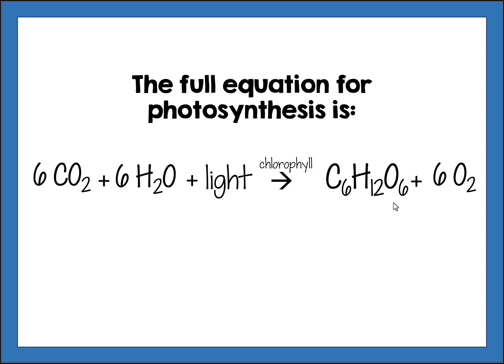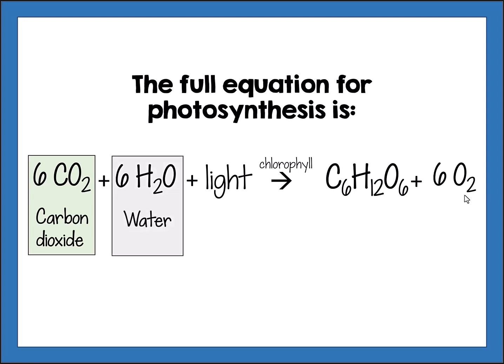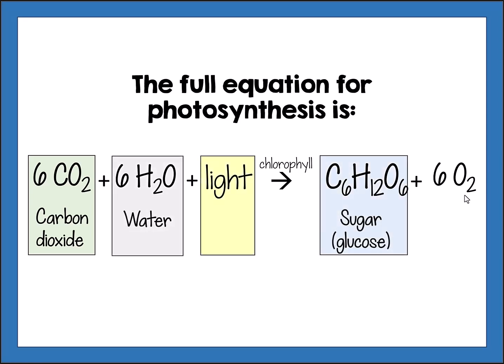This is the food molecule that's storing the light energy, basically, as chemical energy. So this is the energy storage food molecule for the plant cells. And then oxygen, 6 molecules of oxygen, are being given off. So carbon dioxide plus water plus light in the presence of chlorophyll gives you sugar and oxygen. And that is the overall equation.